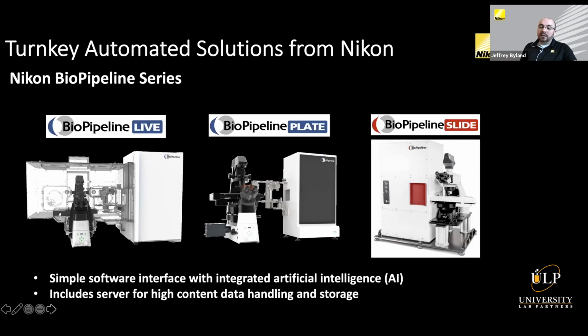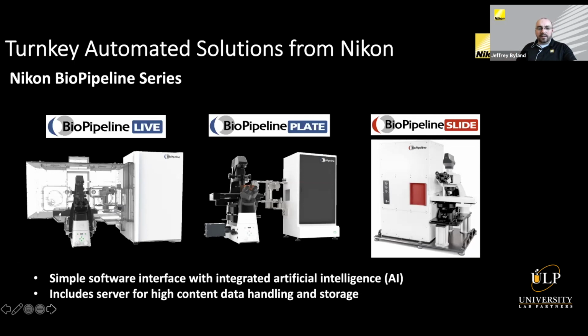This is a new series from Nikon called the BioPipeline, and it combines our advanced imaging systems with automation, so that you can quickly and easily set up a system on a benchtop and have the kind of throughput that you need to collect high content data. So this is a really exciting product line, and it's something that Ruby can tell you more about, and also myself, and we're glad to show this off.